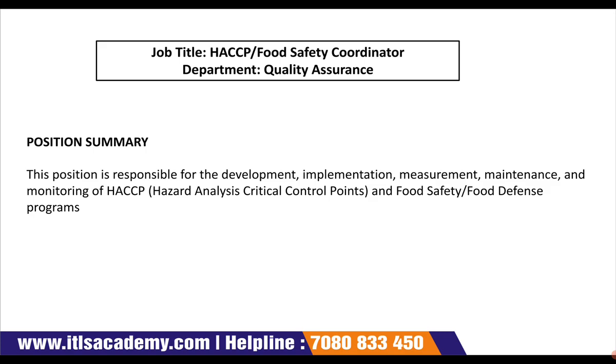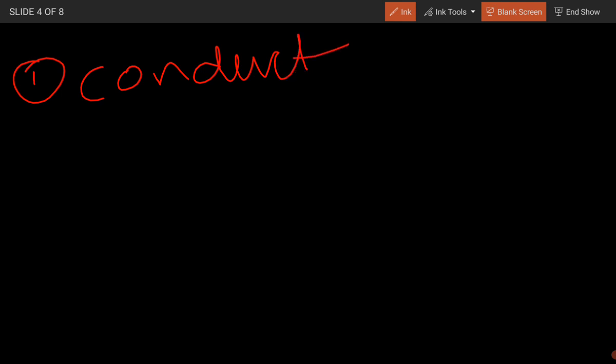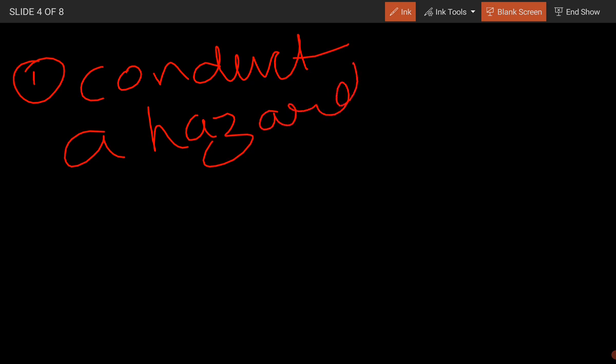So again, HACCP has mainly seven steps. How many steps are there in HACCP? Seven, right? So what are the 7 steps? If I talk about the principles on which HACCP works, the first principle is to conduct a hazard analysis.